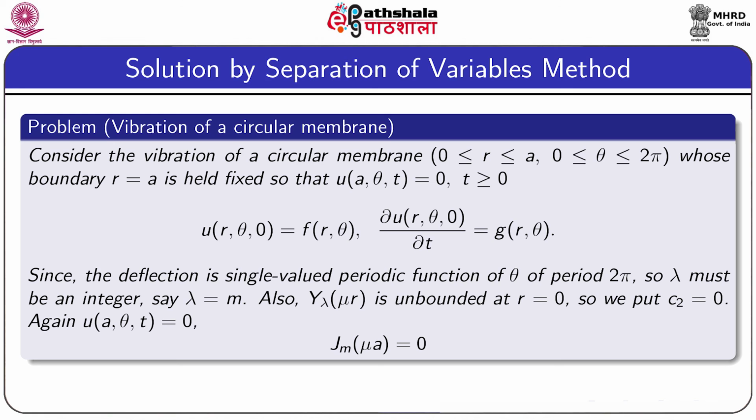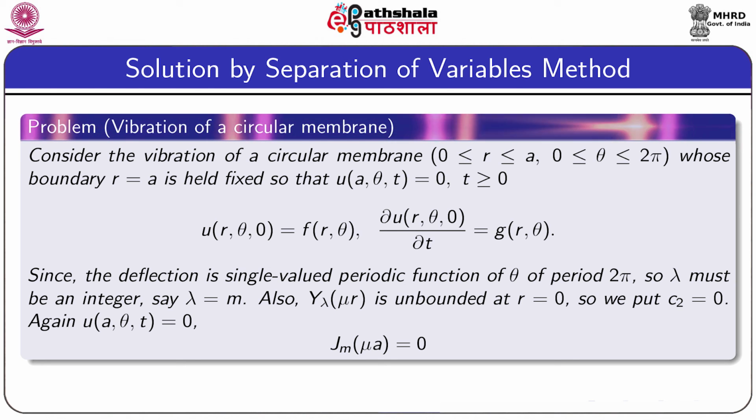Now, we are going to discuss an example where we can use the solution of the wave equation in the plane polar coordinate system together with some initial and boundary conditions. For that purpose, we have considered the vibration of a circular membrane whose boundary r equals a is held fixed.